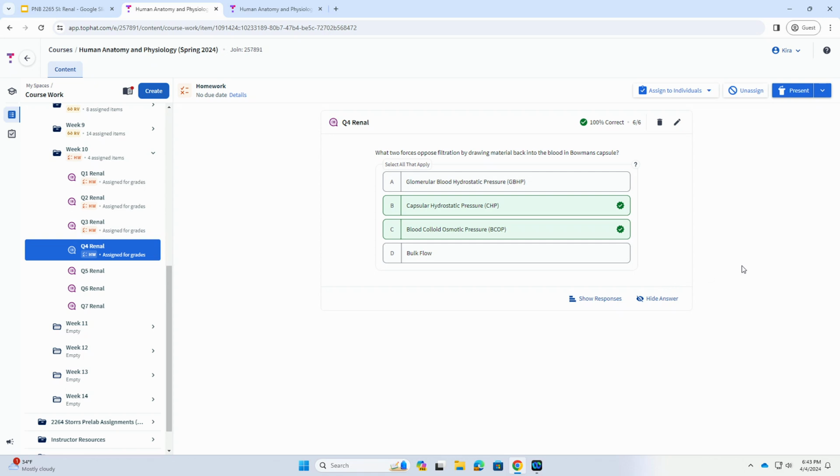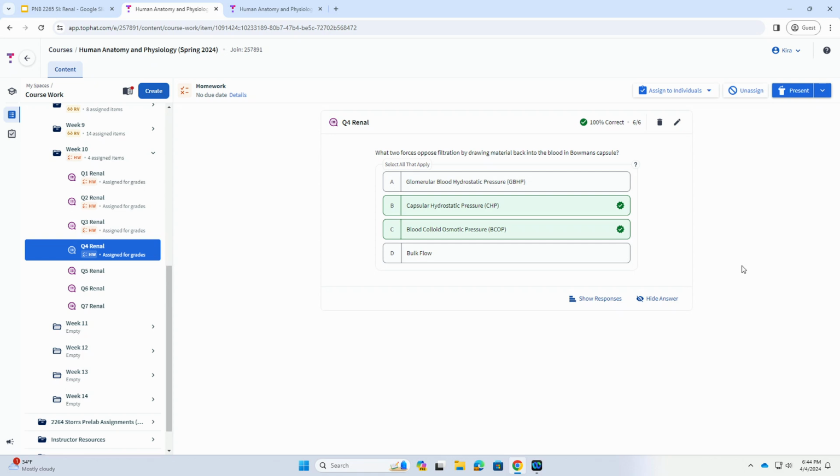So quickly to go over this, you have Bowman's capsule, kind of looks like that, and then you have the afferent arteriole bringing blood in, efferent bringing blood out. There's one force that helps materials enter the filtrate, and that's the glomerular blood hydrostatic pressure.